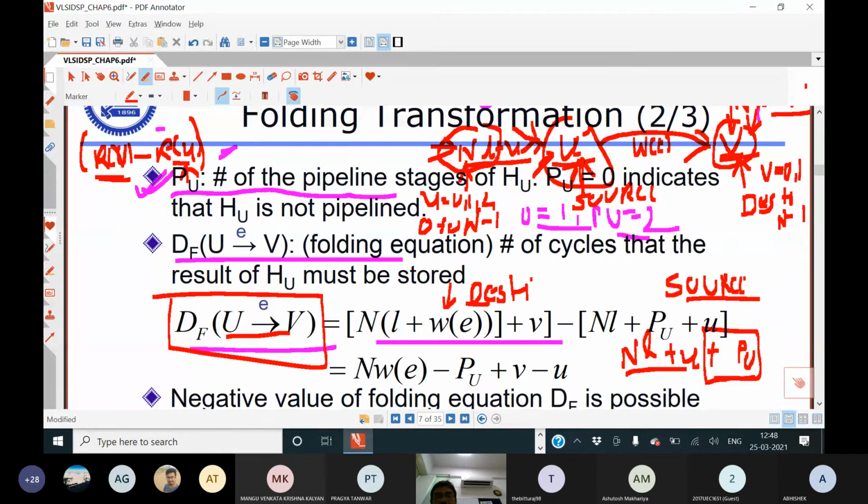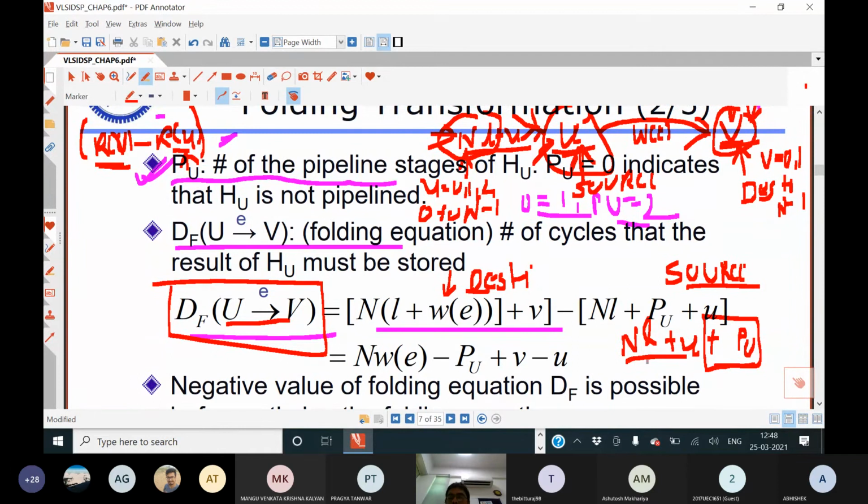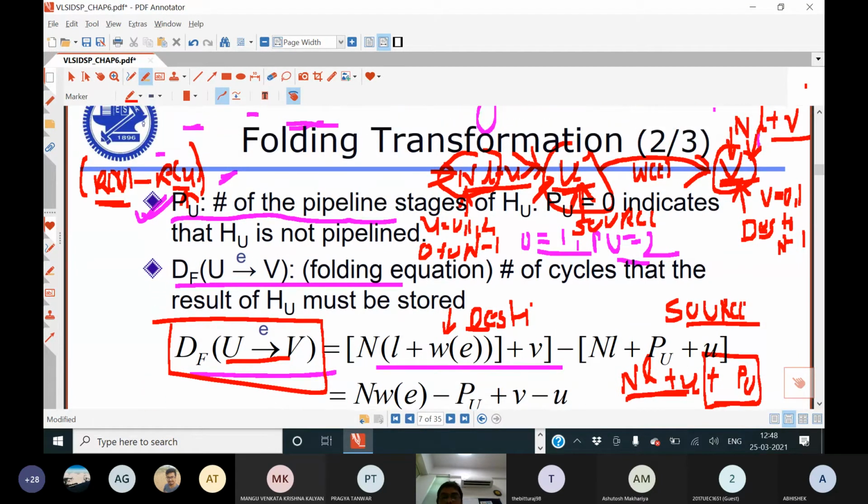But first of all, we need to understand when the execution of U is completed. So execution of U could be completed at the NL plus U instance plus PU. If it is a pipeline, then we need to add that delay. So PU is always an integer.